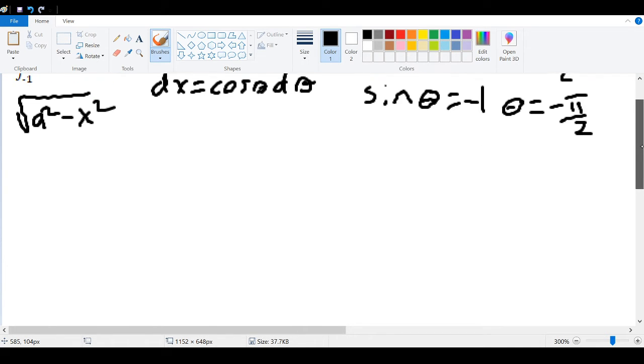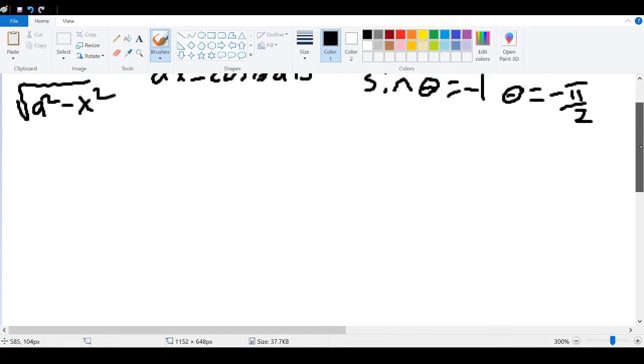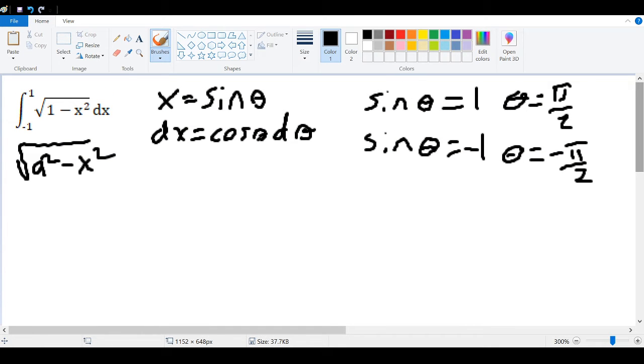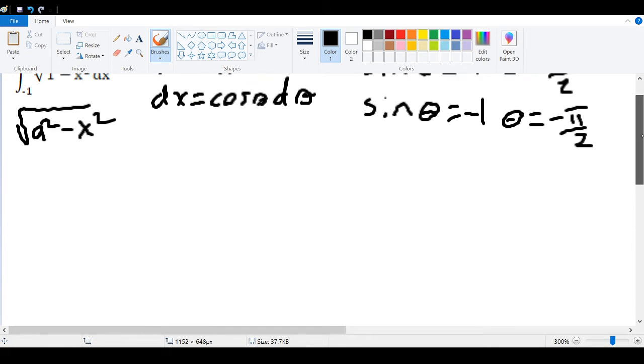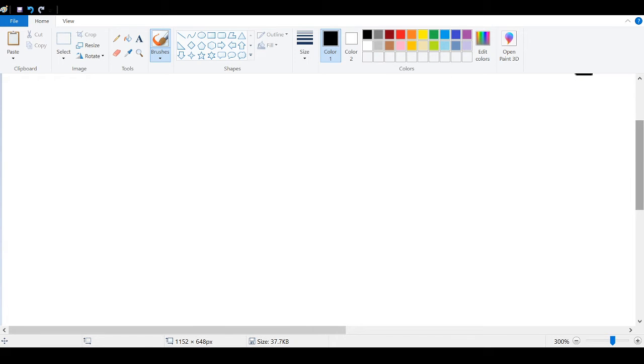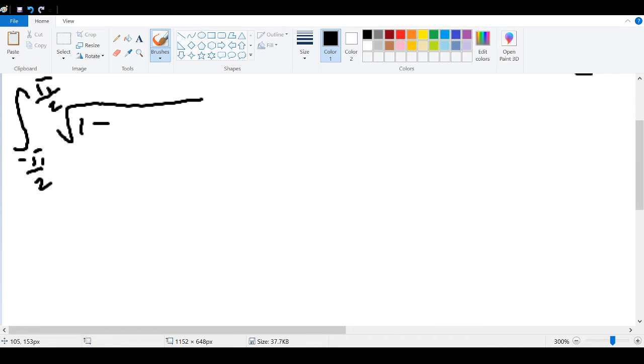And now we can just rewrite our integral in terms of these bounds and these trig functions. So we now have the integral from negative pi over 2 to pi over 2 of the square root of 1 minus, now x equals sine theta, so I'm going to replace the x squared with sine squared theta.